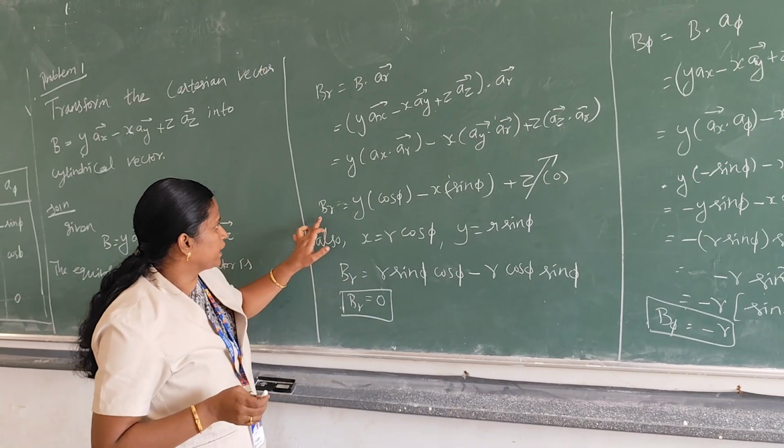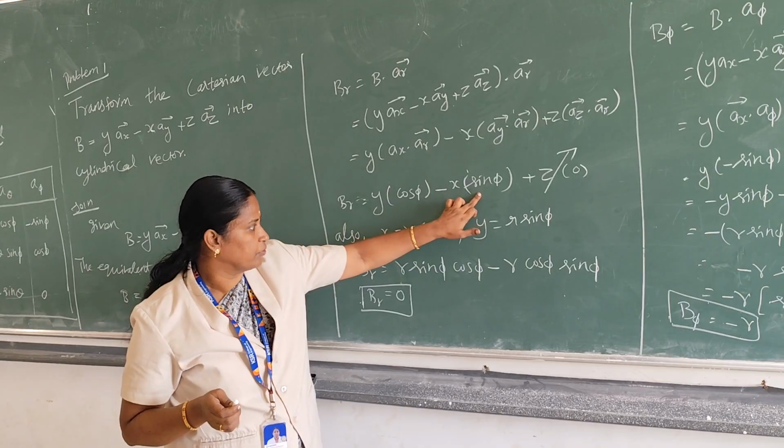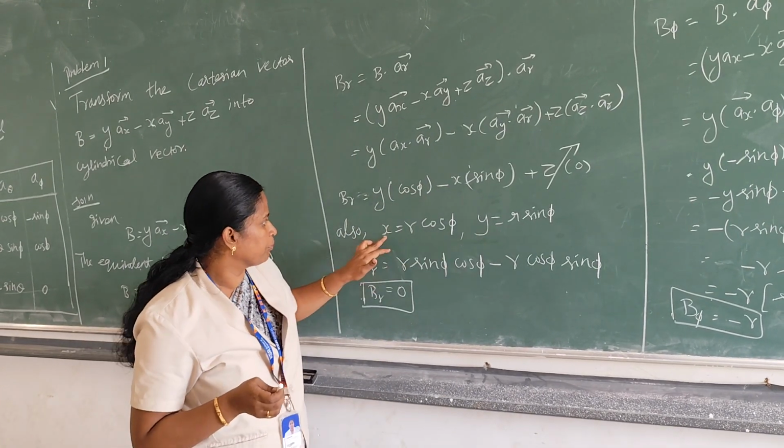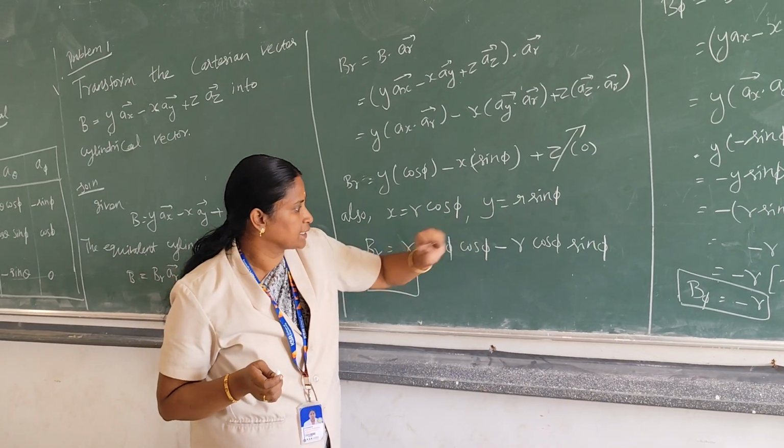Finally we get BR as y cos phi minus x sin phi. Now instead of x and y, we replace x equal to r cos phi and y equal to r sin phi.